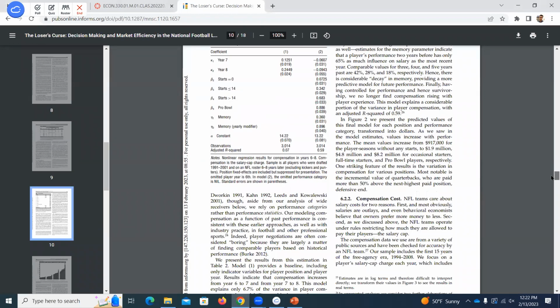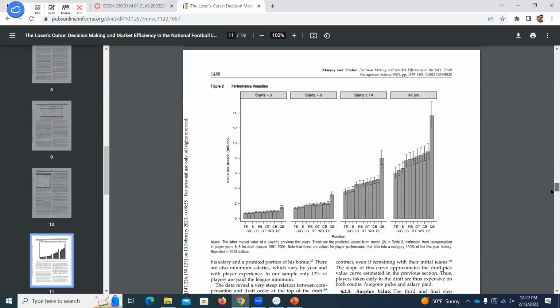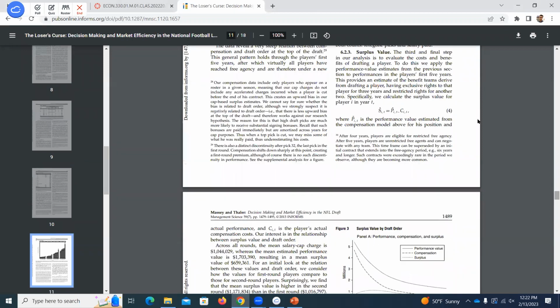They then looked at, we'll skip down here a little bit, this idea of a surplus value. Okay.